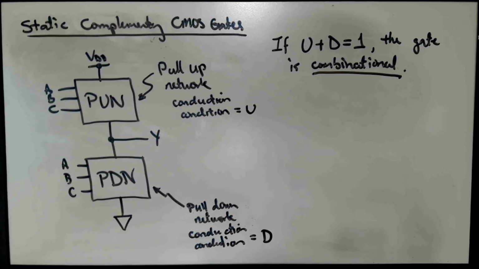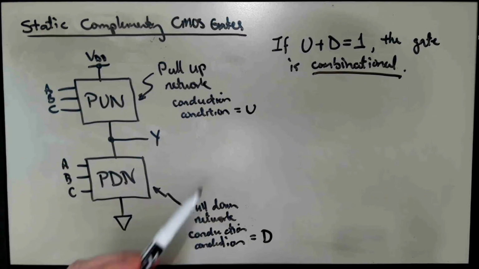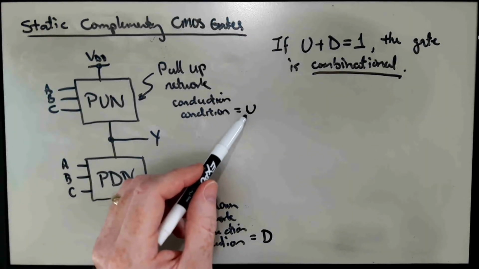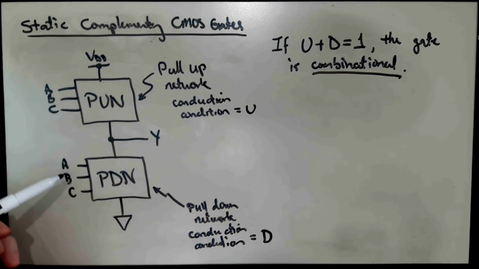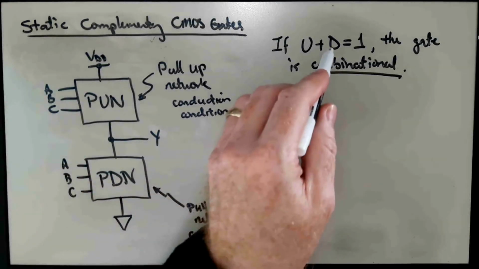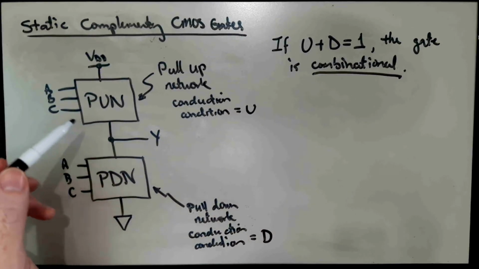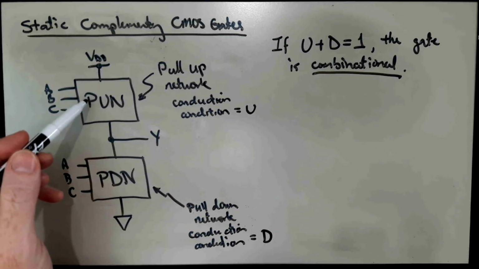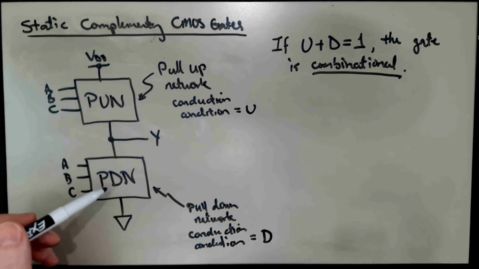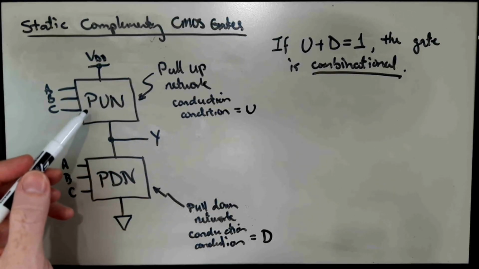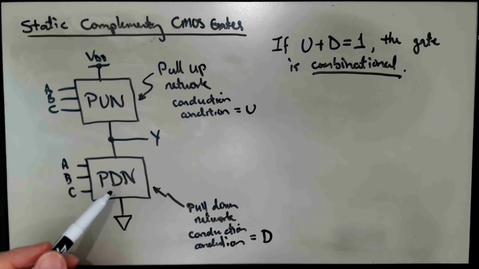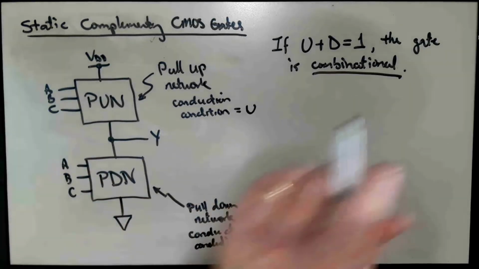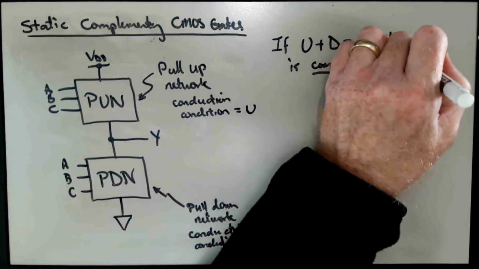So we talk about combinational logic gates, and a gate is combinational if there is no condition of the inputs, no state of the inputs that we're applying to the gate, where the pull-up network is not conducting and the pull-down network is not conducting. Okay, so you either have the pull-up network conducting or the pull-down network conducting under all circumstances. That's maybe the better way of saying it.